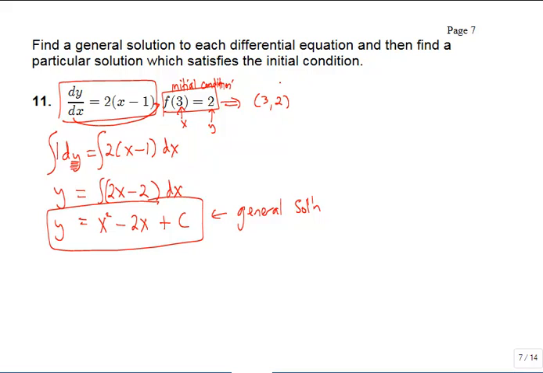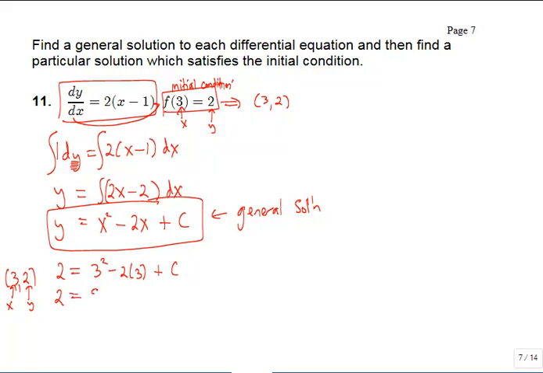So to get our particular solution, we're just going to use (3, 2), and we're going to plug in 3 for x and 2 for y into this equation. So 2 goes on this side, 3 squared minus 2 times 3 plus c, and we just solve this for c.